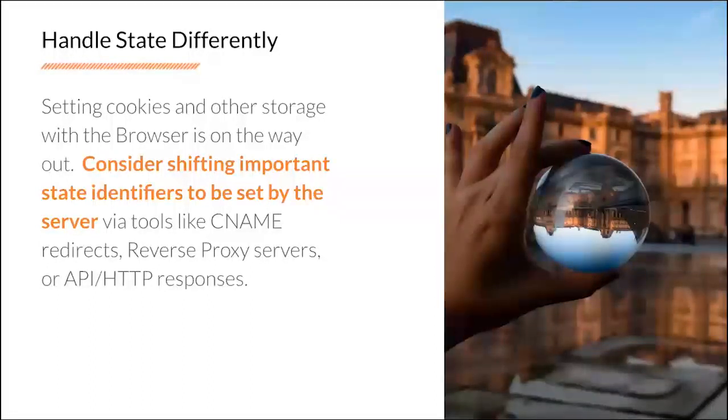So different tools are being put into place. CNAME redirects, which make the remote call look like it's coming from your domain. Some people have built reverse proxy servers, so you call a server in your domain and then have that server call out. Or instead of using JavaScript on the front end to make the call, they have the server do a server-to-server connection and handle it that way.